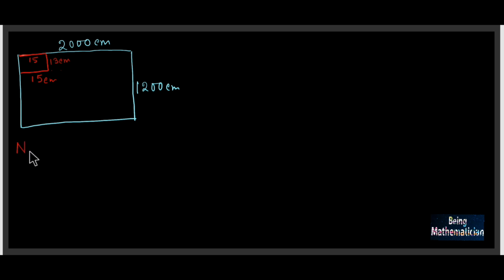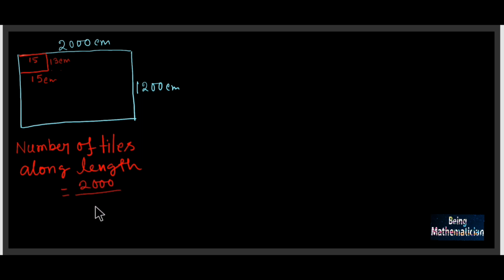The number of tiles along length must be 2000 divided by 15, and it is 133.33, so nearly it is 133.